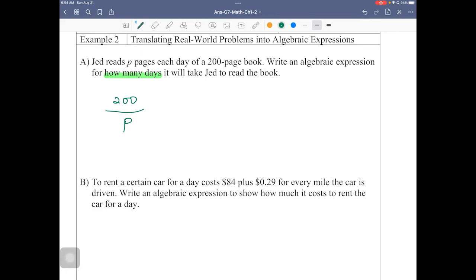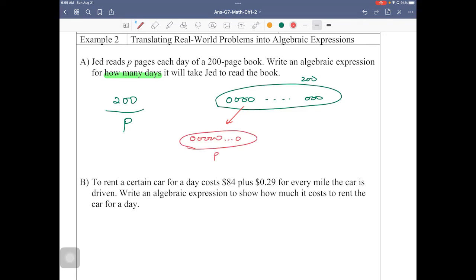Because every day I read P pages and I want to know how many days. So it's like 200, and every day I have P parts, and I want to know how many days I can separate these into.